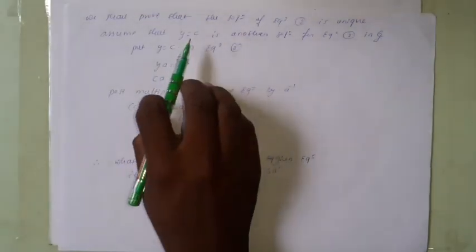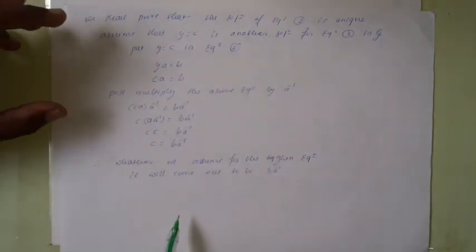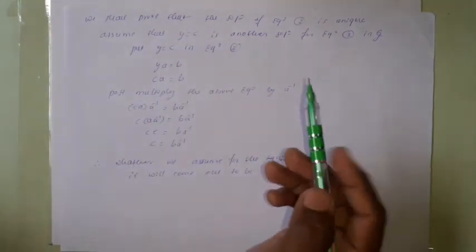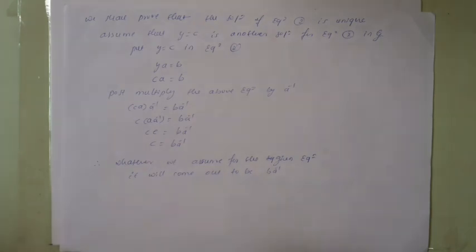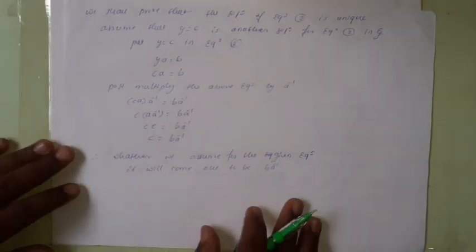Means here whatever we assume for y equal to C, the solution will not change. Here you can consider y is equal to D as another solution, then finally you are getting D is equal to B A inverse only. So therefore there is no other solution than this B A inverse.